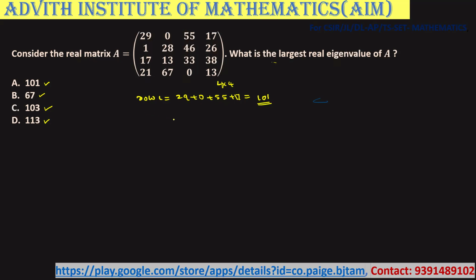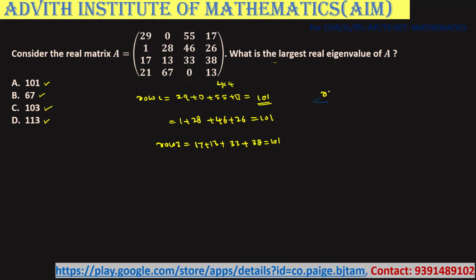And sum of row 2: 1 plus 28 plus 46 plus 26 is 72, plus 29, the same 101, right? So row 3: sum of row 3 is equal to 17 plus 13 is 30, plus 33 is 63, plus 38 is 101, right? 101.